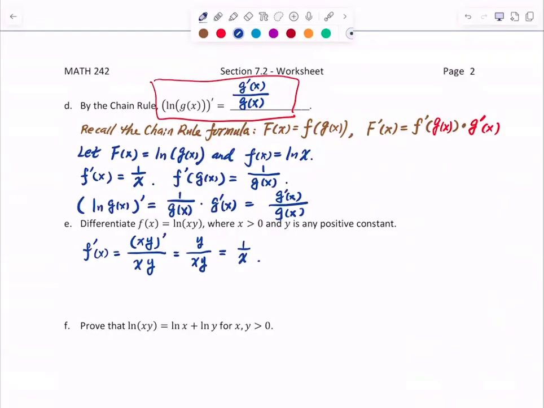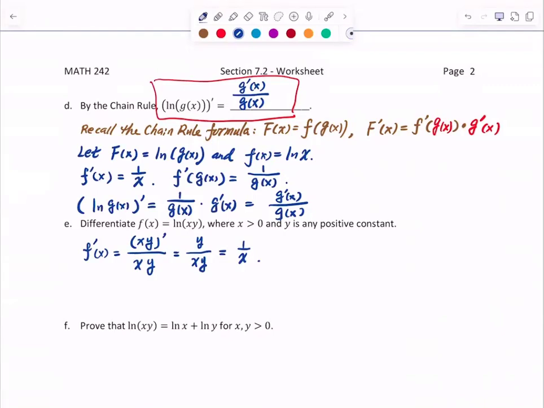The derivative of a constant is 0. So you can have a whole bunch of functions, and if they differ by just a constant, they have the same derivative. That's why when you do an indefinite integral, you always have to add plus C, because you don't know which one.